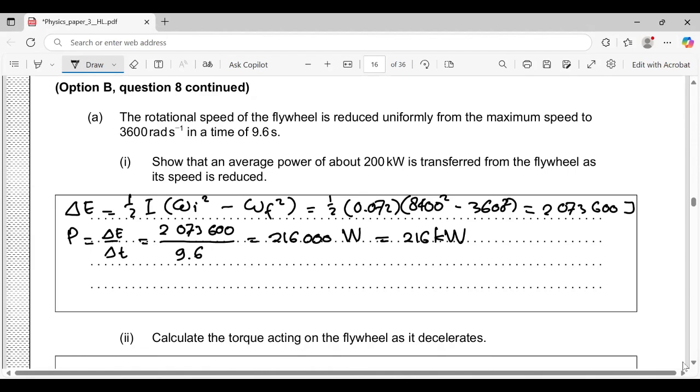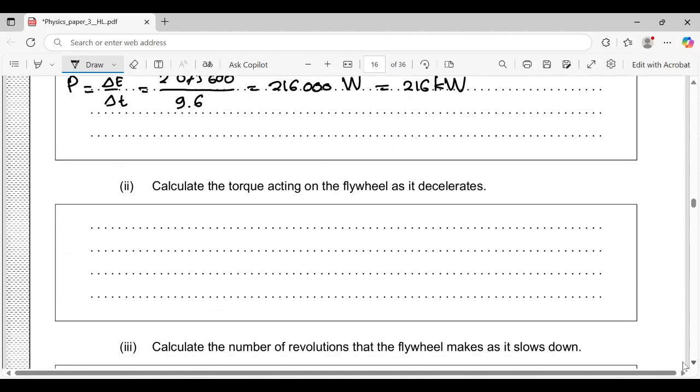Right. And next question, calculate the torque acting on the flywheel as it decelerates. To calculate the torque, we can use the relationship between power, torque, and the angular speed. The formula is P equals tau times omega. To find torque, tau equals power over omega.